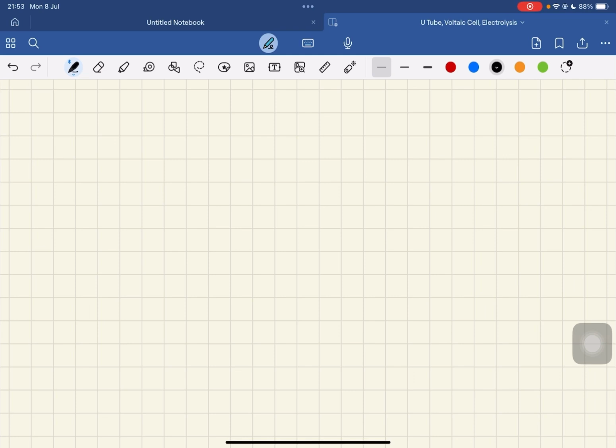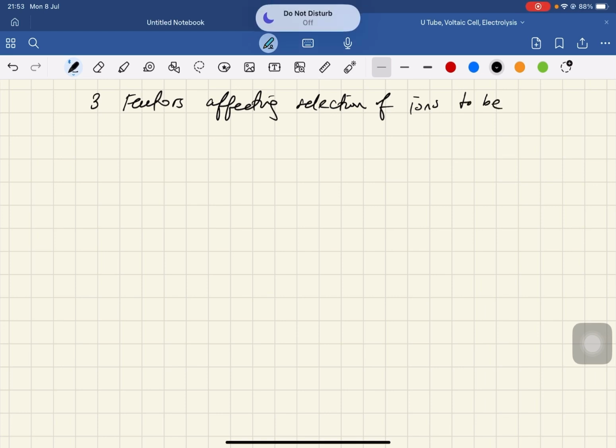So we stop at one of the factors affecting. I repeat, there are 3 factors affecting the selection of ions to be discharged.